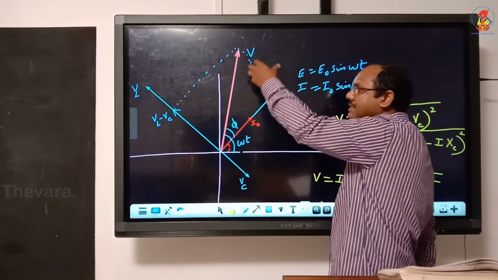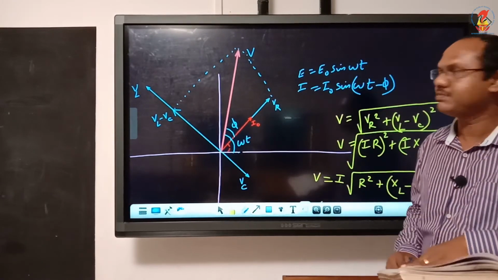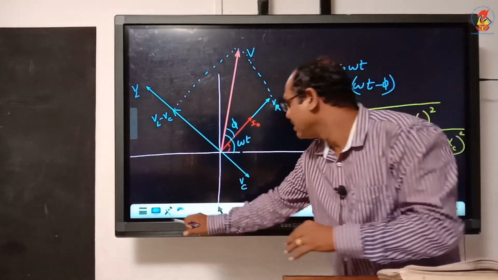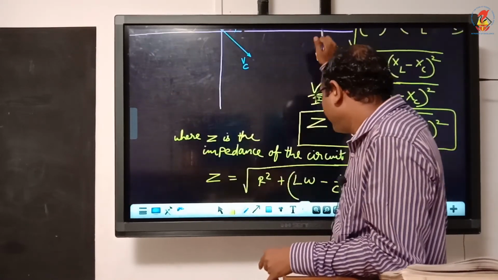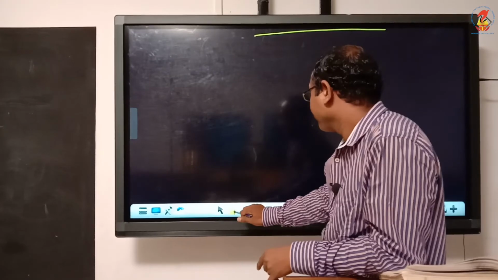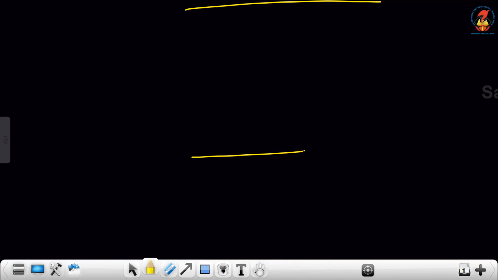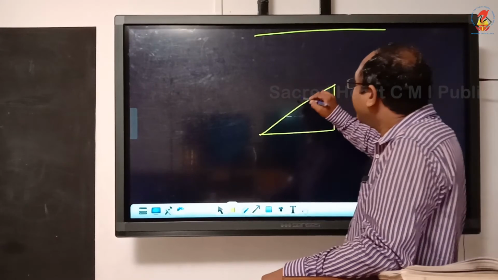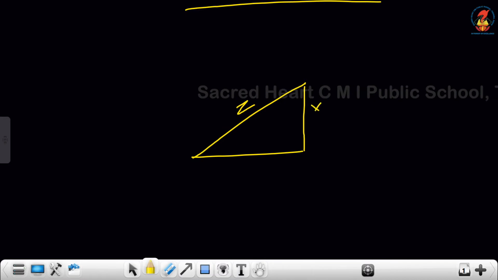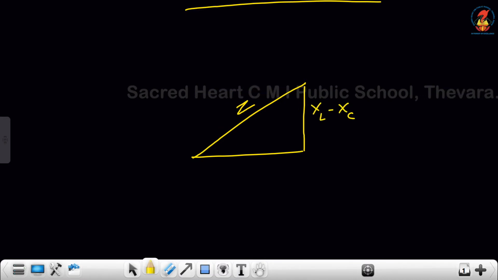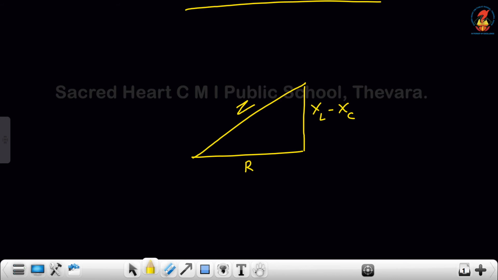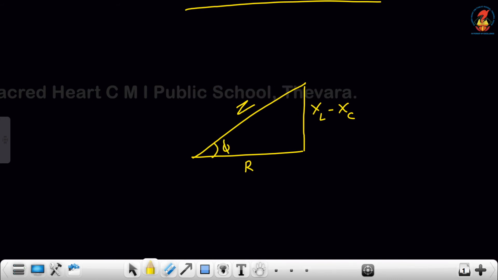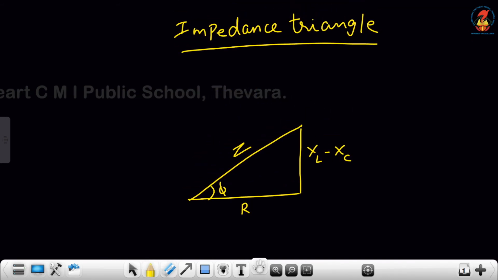I am making this triangle in the parallel way. Here I write impedance, here I write XL minus XC, and here I write R. This angle is phi. This is the triangle which is called the impedance triangle.